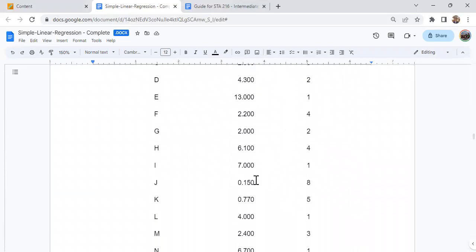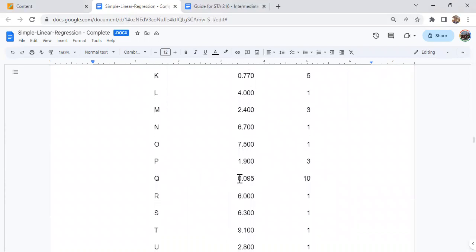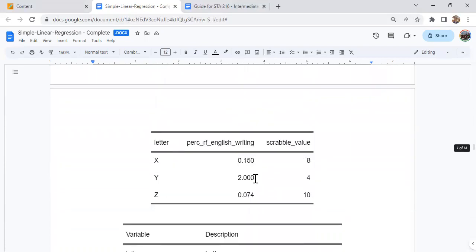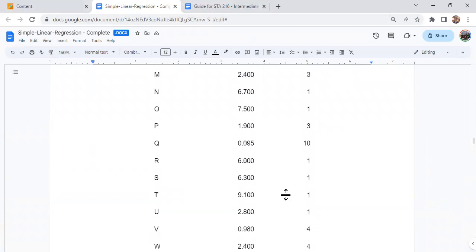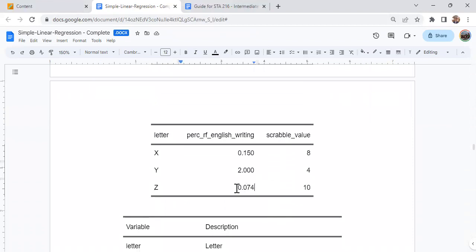Looks like 0.15 for J. That's seeming pretty low. Oh, Q is even less. Okay, I think Q might take the cake. No, Z with 0.07, I think. Yep, okay. So Z is the least, it must be the most difficult letter to play in Scrabble. It seems like, at least.